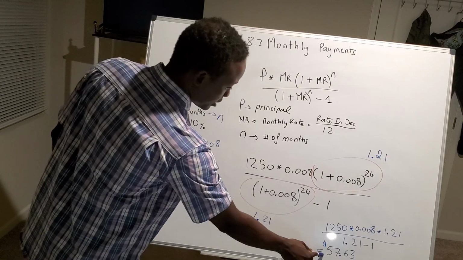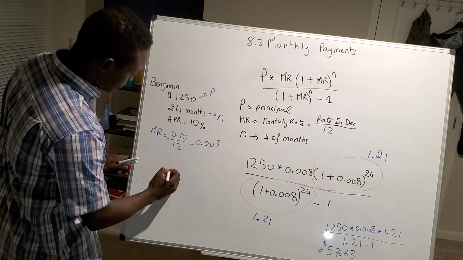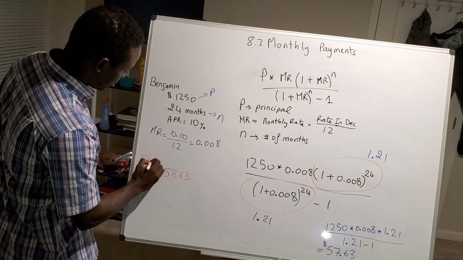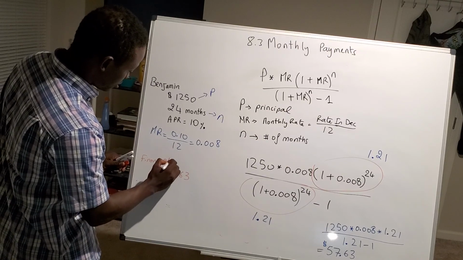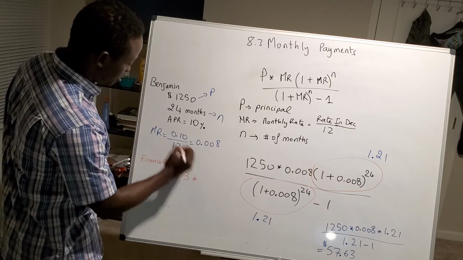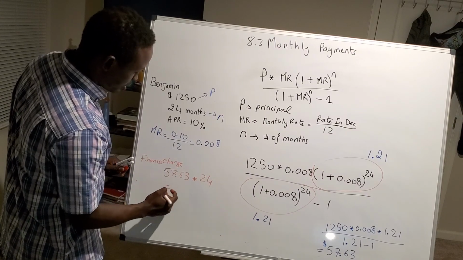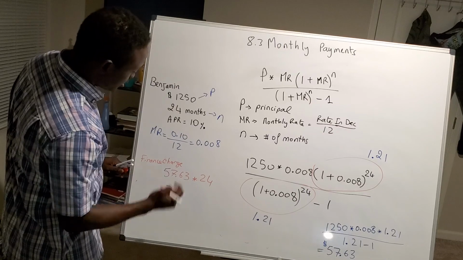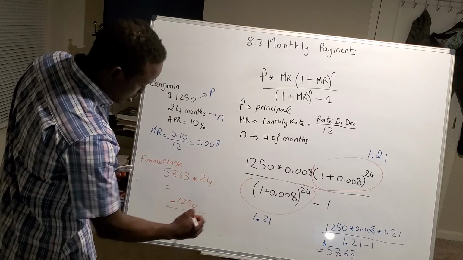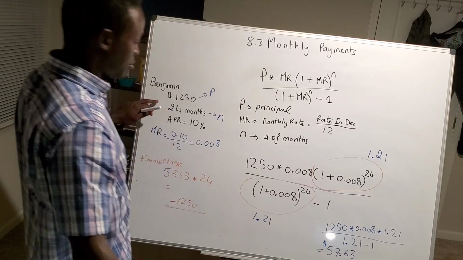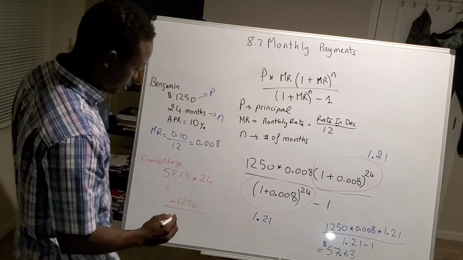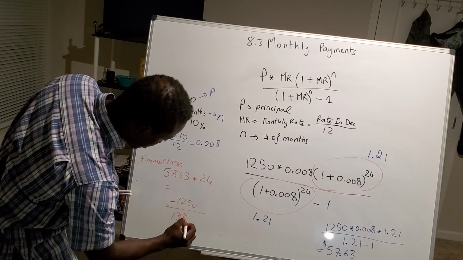You do $57.63 times 24, and that's going to give me an answer, and then I do minus 1250, which is the original amount, the principal. So my finance charge in this case will be $133.12.